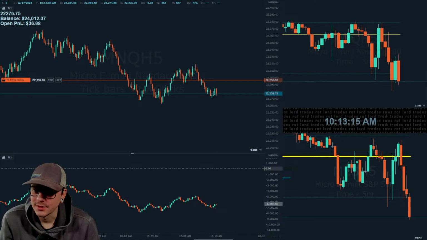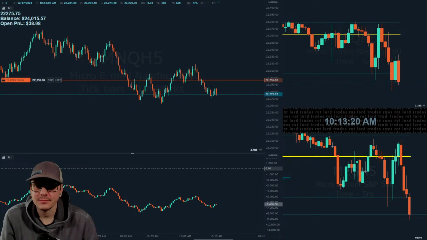Yeah, trailing your stop is definitely good to protect yourself in the green, but if I was willing to let this go minus 70 points, I'm not.